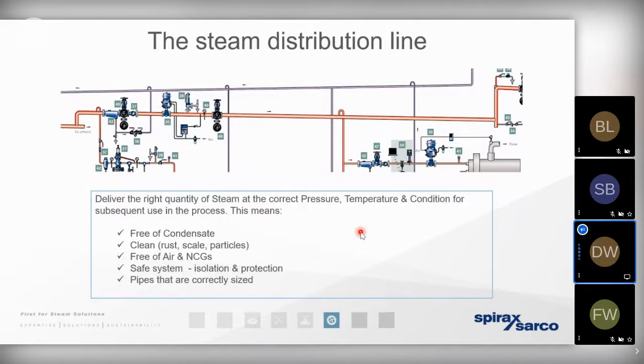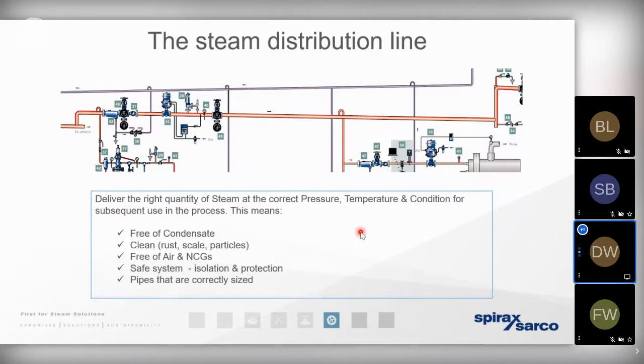When we talk about a good condition of steam, as far as the distribution pipework is concerned, it means we want the steam to be as dry as possible. That means removing the liquid condensate across a steam trap so it can drain away. It means we're protecting the system from an excess of rust, and keeping the energy content of the steam as high as possible, as well as preventing an excess of erosion or water hammer.